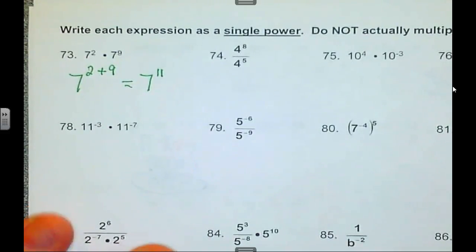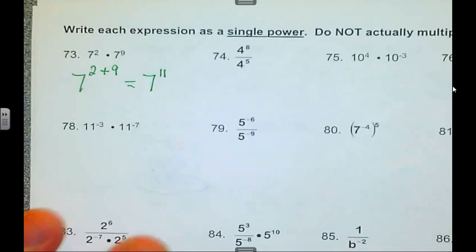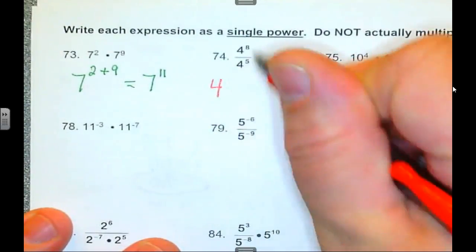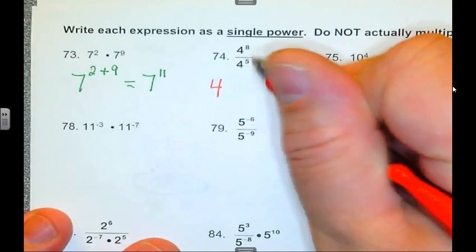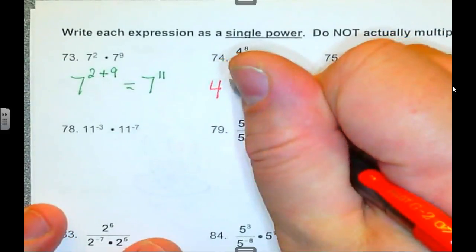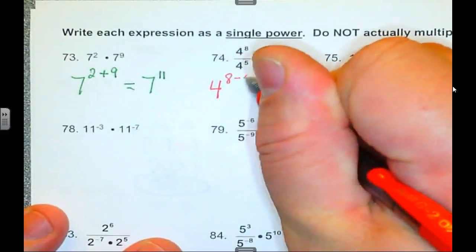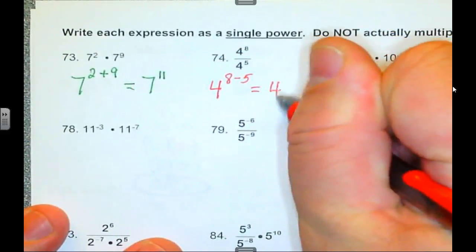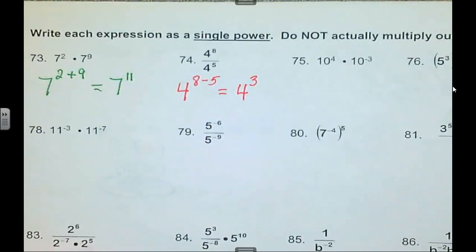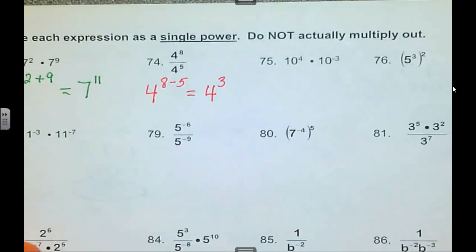All right, what about 74? What do I do with same base in a fraction? I am dividing, but what do I do with the exponents? Subtract them. Very good, Nick. 8 minus 5. 4 to the third. Anything else interesting here?